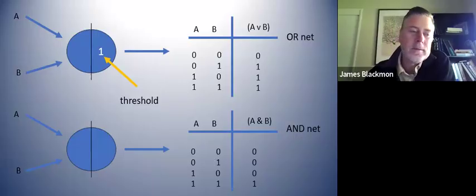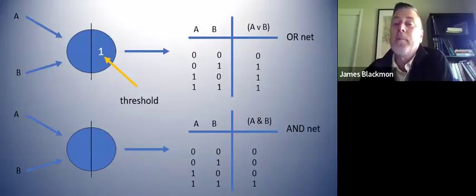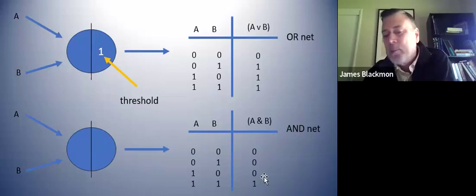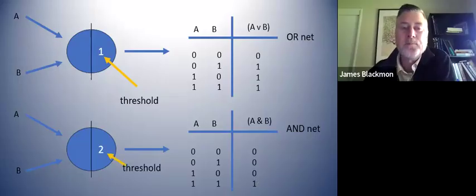AND is more demanding, requires more. The threshold needs to be higher, right? Because 1 should not be sufficient, but 2 should be. 1 plus 1 is 2. And we need, in that case, the output to be 1. And so the threshold is going to be 2.